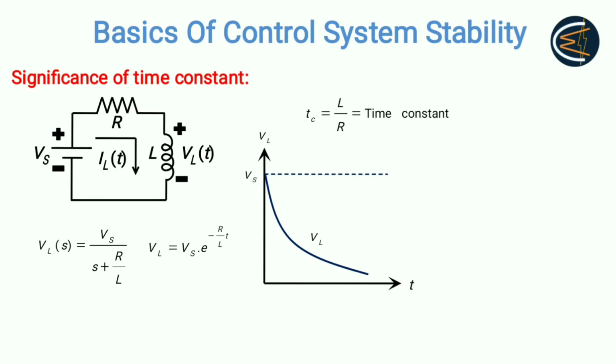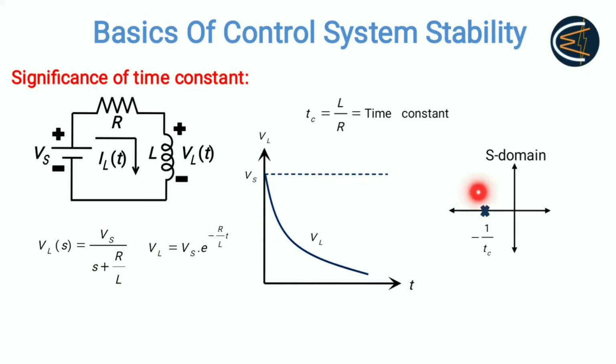Now if you want to see the position of pole in S domain, it will be somewhat like this. It is a stable system. By looking at this S domain expression you can easily say this is nothing but the pole. R by L is the position of pole.